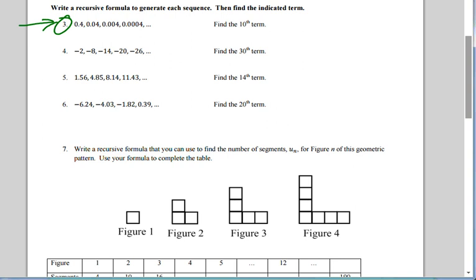U of 1 is equal to 0.4. Sure, that sounds great. And then what do you think the rule is there? Divided by 10.